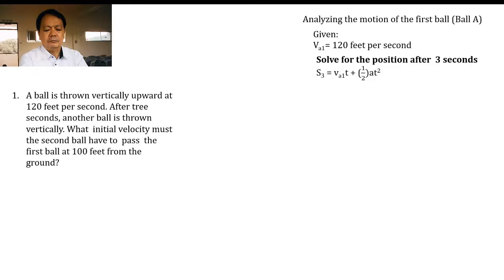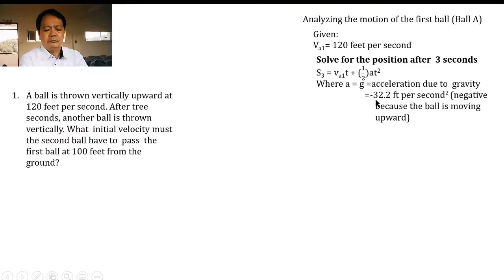So if we're going to apply the formula for the displacement, that is S sub 3 equal to V sub 0 t plus 1/2 a t squared. Kasi dito, given na lahat, initial velocity at saka yung time na 3 seconds. So that if we are going to substitute in the formula, makukuha natin, kung saan dito yung acceleration daw will be the acceleration due to gravity, and in this case, because the ball is thrown vertically upward, so ang magiging g natin is negative because the direction of the velocity is opposite the direction of the acceleration due to gravity, and that is negative 32.2.